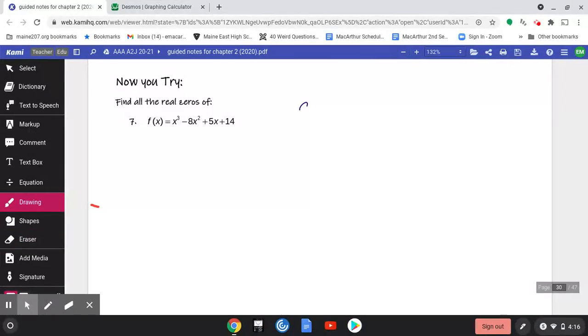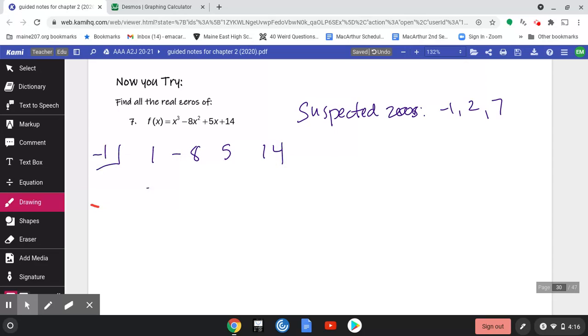So our suspected zeros of -1, 2, and 7. So we're going to go ahead and list our numbers: 1, -8, 5, and 14. And put a -1 over here.